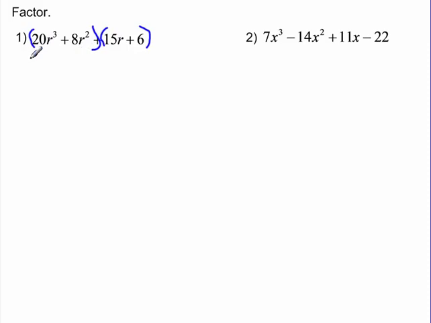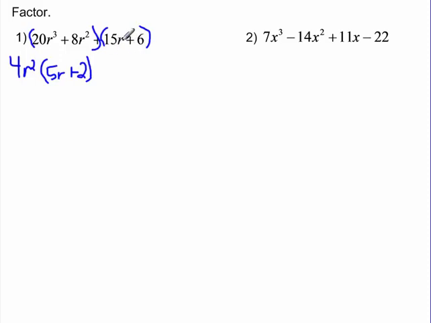The greatest common factor of the first term is 4r squared. So 28 has a common factor of 4, and r cubed and r squared, what do they have in common? It's r squared. What does that leave us with? Here we get 5r plus 2.